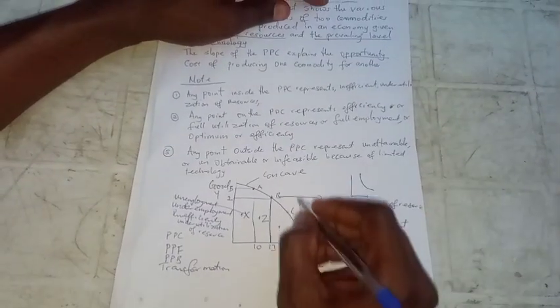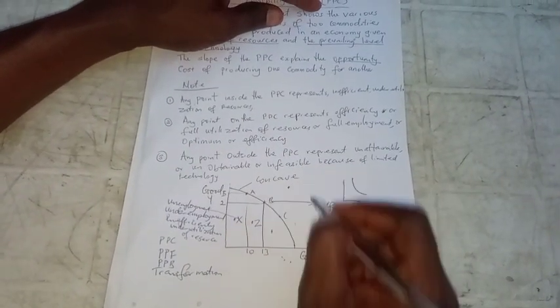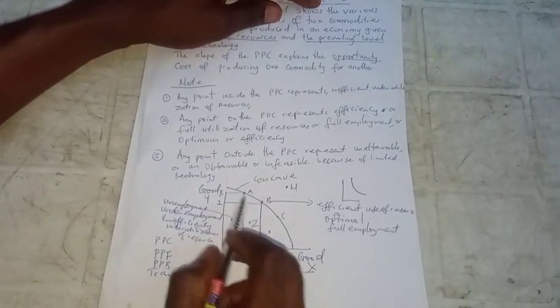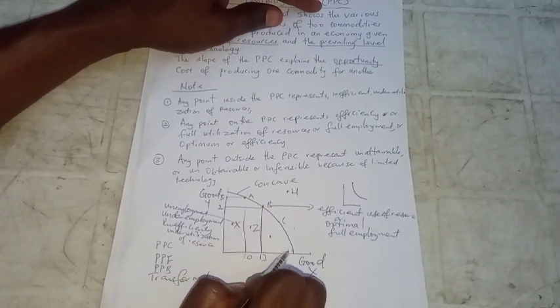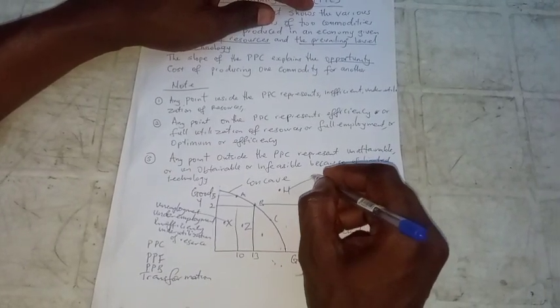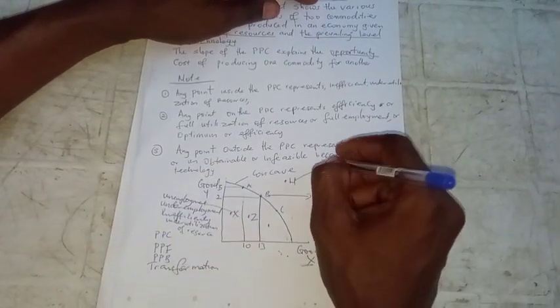So the third one is any point outside the curve. Let's pick a point outside the curve. Let's call it point W. As far as it is outside this production possibility curve, like point W, any point outside the curve means that what?